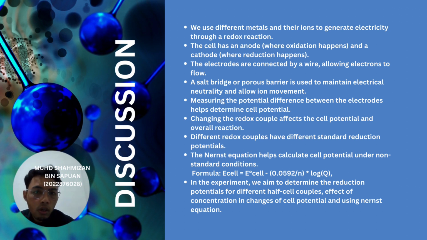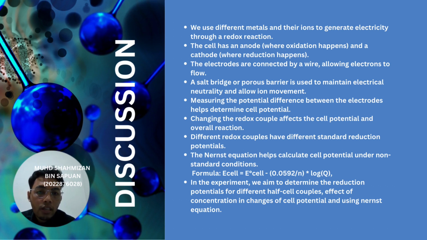A salt bridge or porous barrier is used to maintain electrical neutrality and allow ion movement. Measuring the potential difference between the electrodes helps determine the cell potential. Changing the redox couple affects the cell potential and overall reaction. Different redox couples have different standard reduction potentials. The Nernst equation helps calculate the cell potential under non-standard conditions.